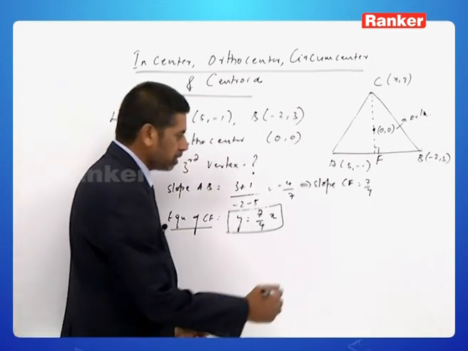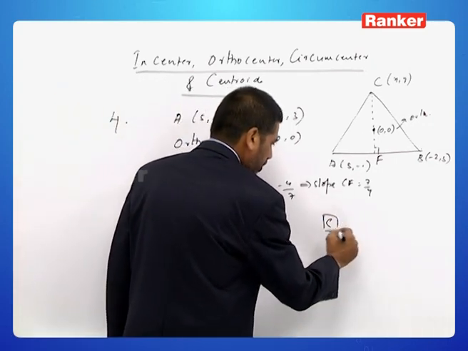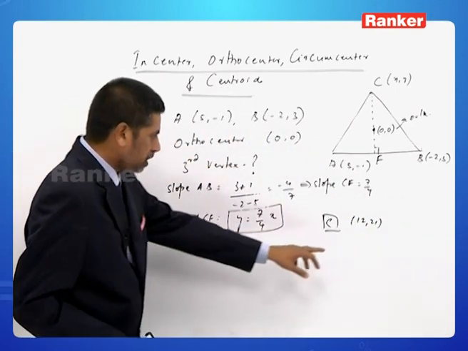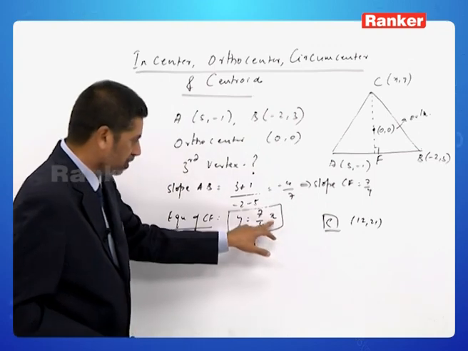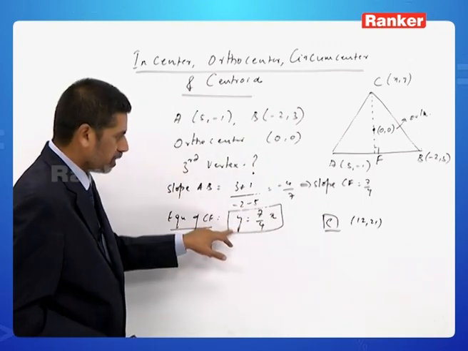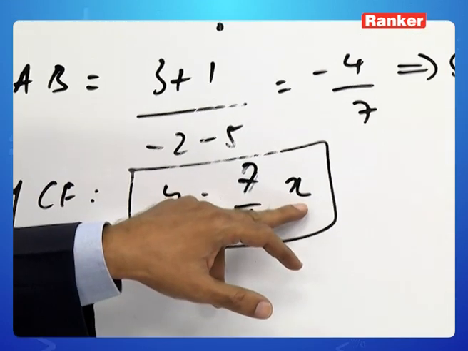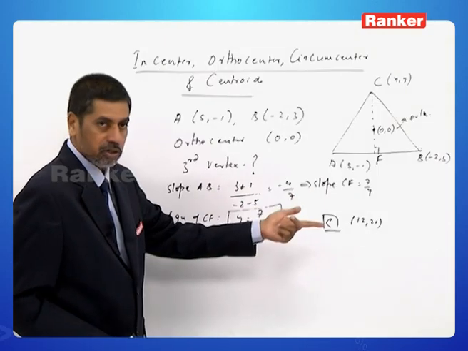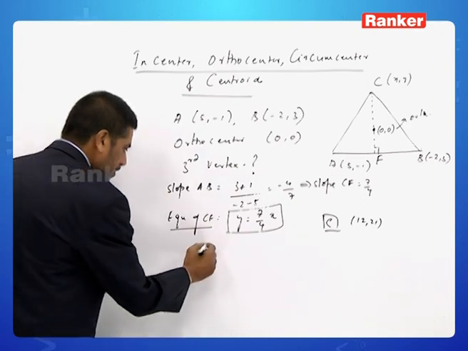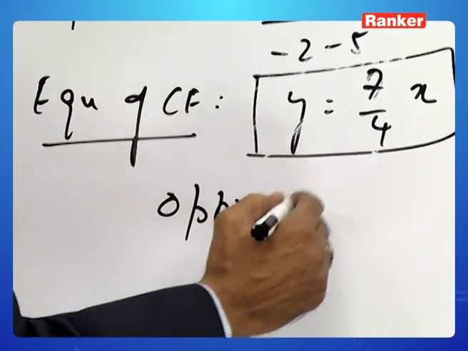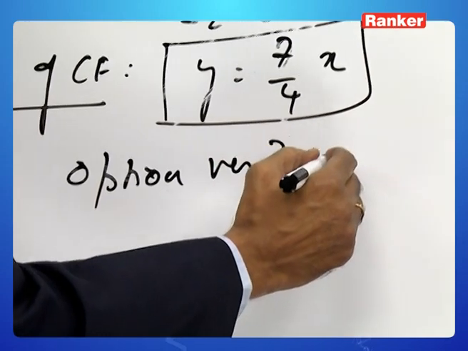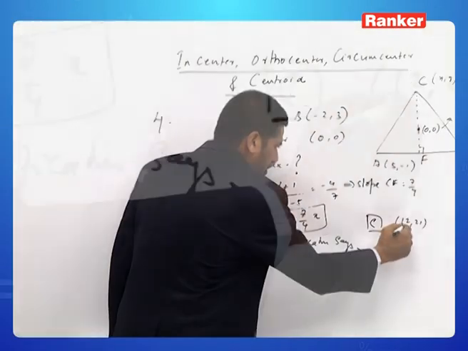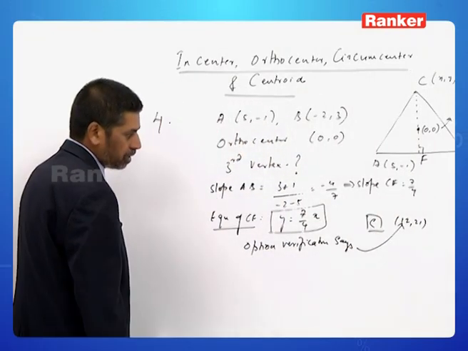So for example, if you look at option number C, which says (12, 21), let us see if when we put x is equal to 12 here, you get y is equal to 21. Yes, because 7 by 4 into 12, 4 cancels 12 3 times, 7 into 3 is 21. So therefore, what we call option verification says option C is the correct answer.